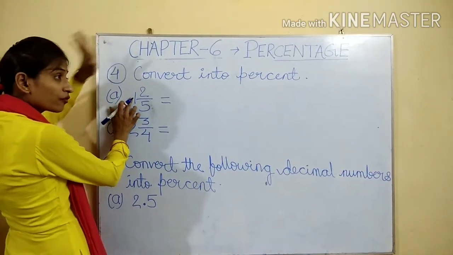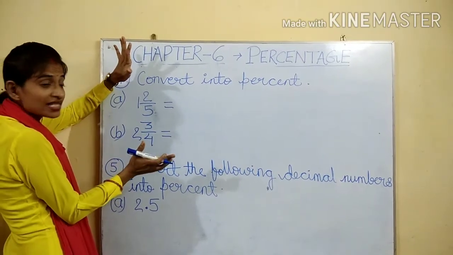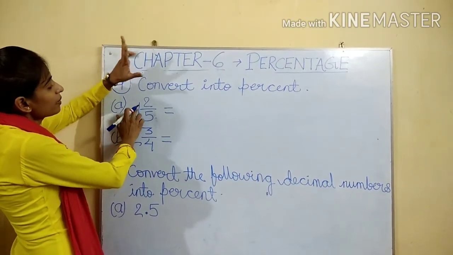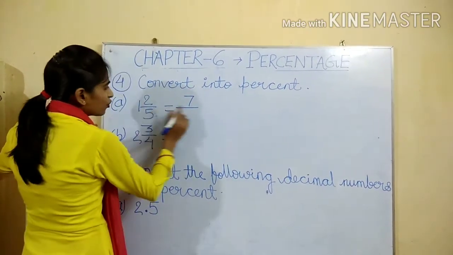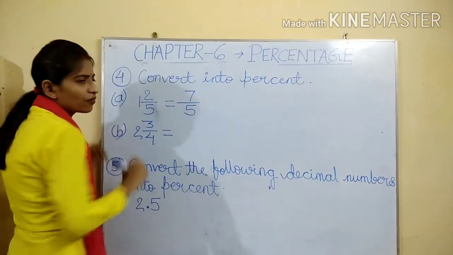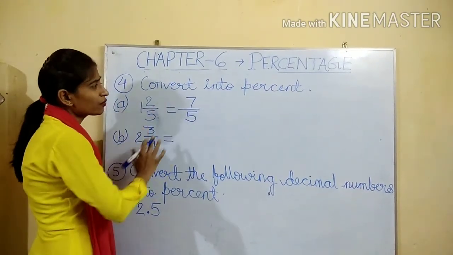And then the upper number will be added. You know about fractions? 5 ones are 5, plus 2, 7. And the denominator will remain the same, 5. So 7 by 5.